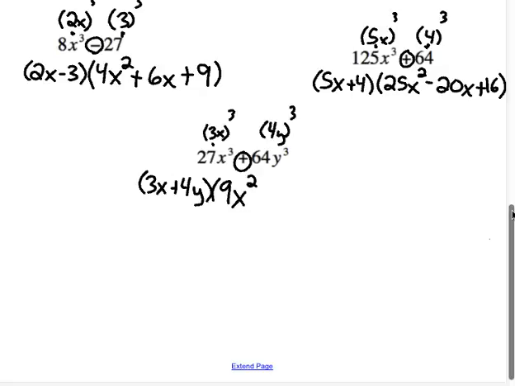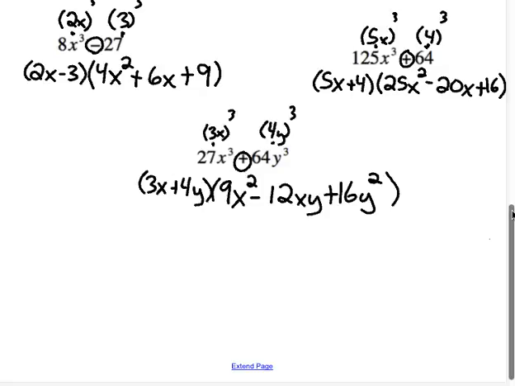The middle is always one of each, so 3x times 4y is 12xy. And the last piece is two from the second, so 4y times 4y is 16y squared. The last one is always positive. The middle is always opposite of the linear piece.